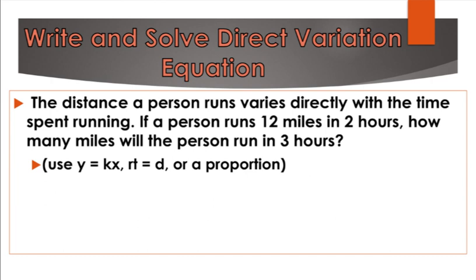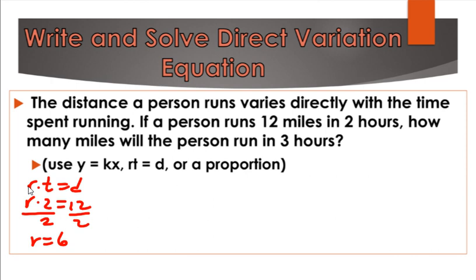If we were to do rate times time equals distance, we would have the rate times time equals distance. The distance was 12 miles. The person runs for 2 hours. We need to find the rate. So to solve for the rate, you divide by 2. The rate would be 6. And our rate is like our constant.